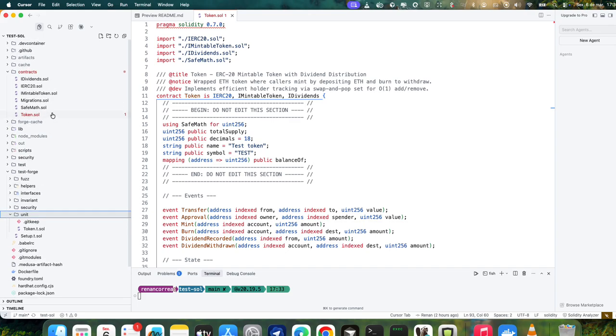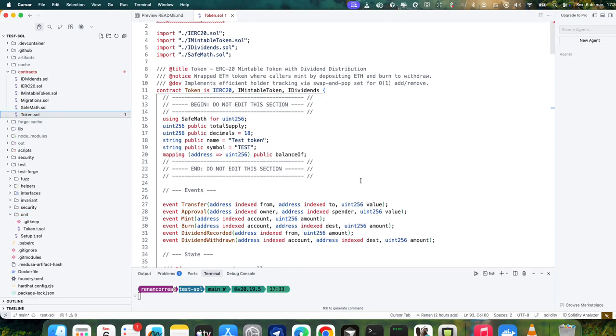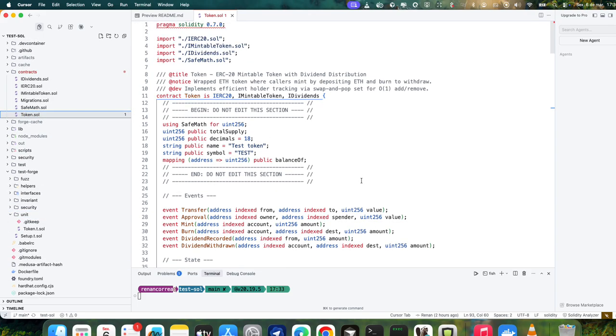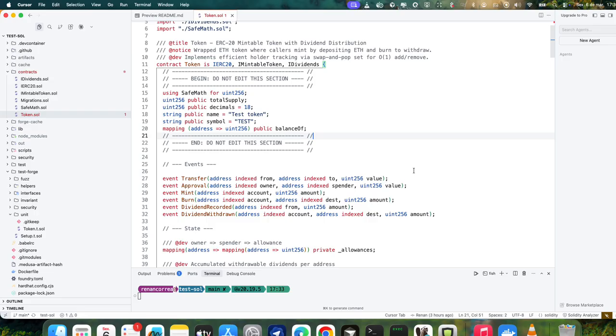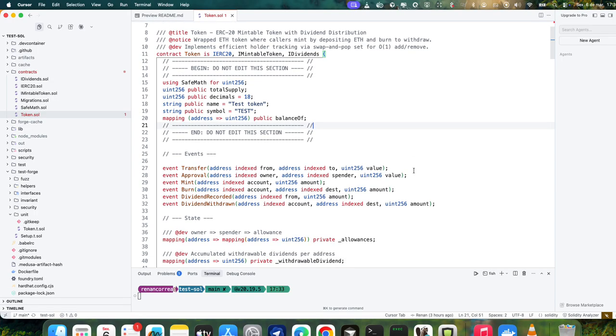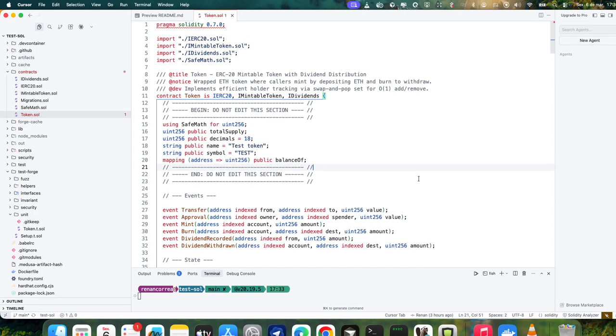The contract implements three interfaces: IERC20 for standard token functionality, IMintableToken for minting and burning with ETH backing, and IDividends for proportional dividend distribution. At the top, we have the do-not-edit section with the state variables that were predefined by the challenge: total supply, decimals, name, symbol, and the balance-of mapping.